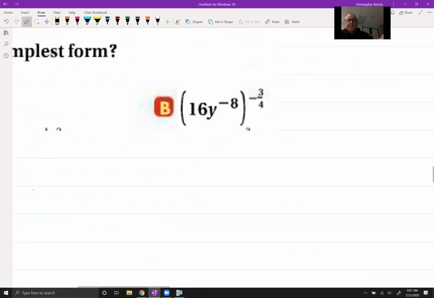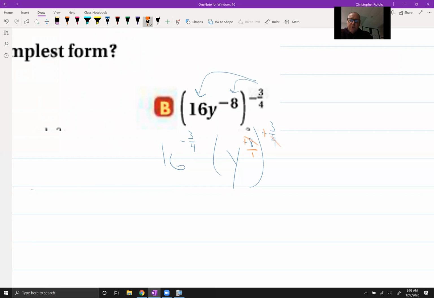All right, let's try that again. So we're going to take 16 to the -3/4, and we have y to the -8 to the -3/4. Just trying to illustrate this distributive property that we use with our exponents, that just have to go to each. The next thing I would probably do to make this a little bit nicer is realize that I have a negative and a negative, so I'm just going to make those positive, so I'm not worried about it at all.